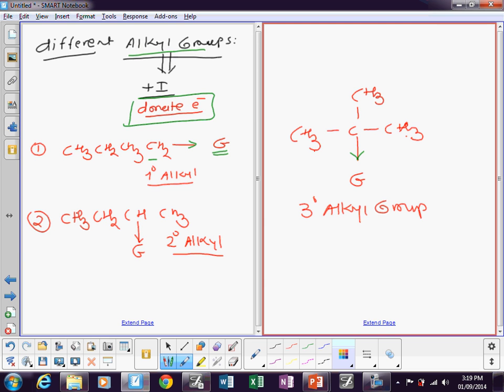But in primary alkyl group, the carbon which donates electron is attached directly with only one more carbon. So since it is donating electron, its neighboring carbon is also supporting it by donating electron.